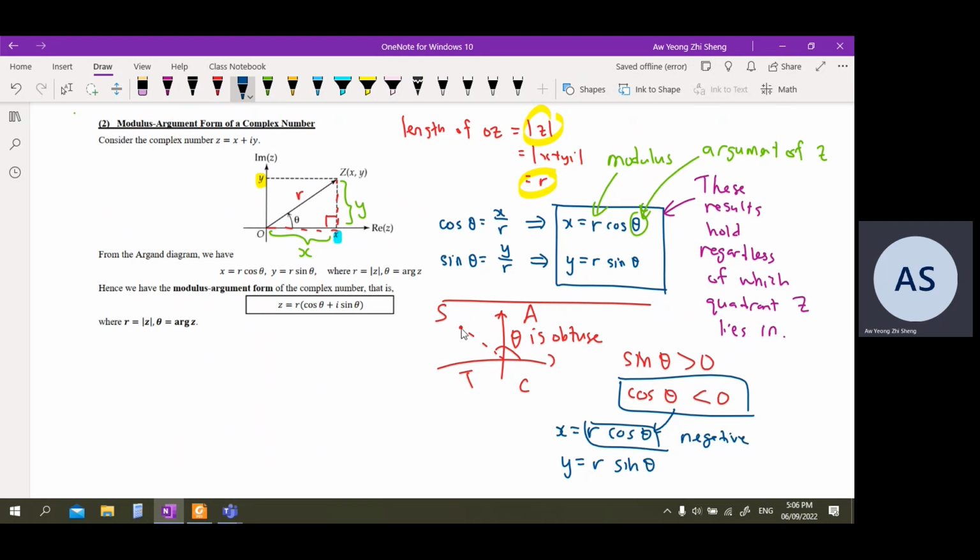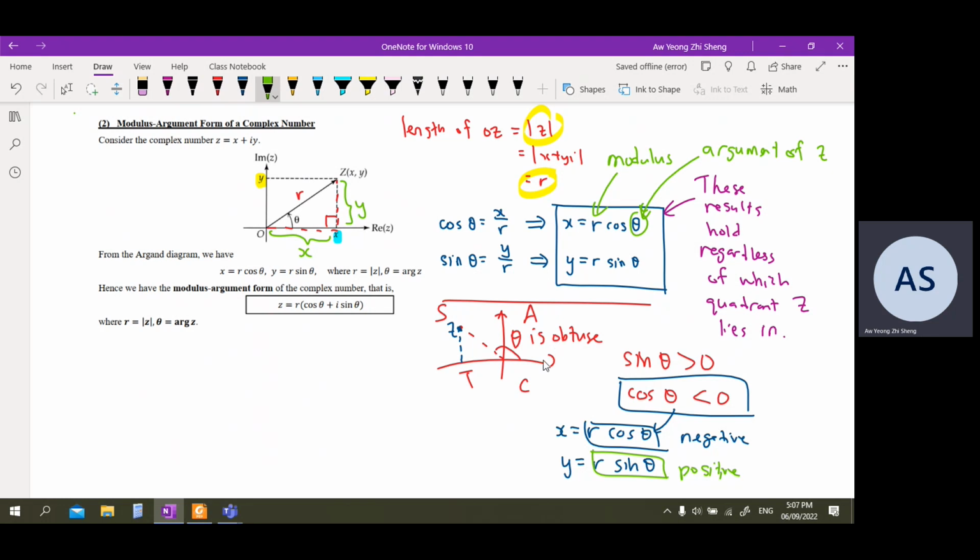And if you look back at your diagram, it makes sense for the x coordinate of your point Z there to be a negative value. And similarly, for your y coordinate, if you use r sin theta, because sin theta is positive in quadrant 2, it will give you a positive answer for r sin theta, and it makes sense because the y coordinate of point Z in our diagram is indeed positive.